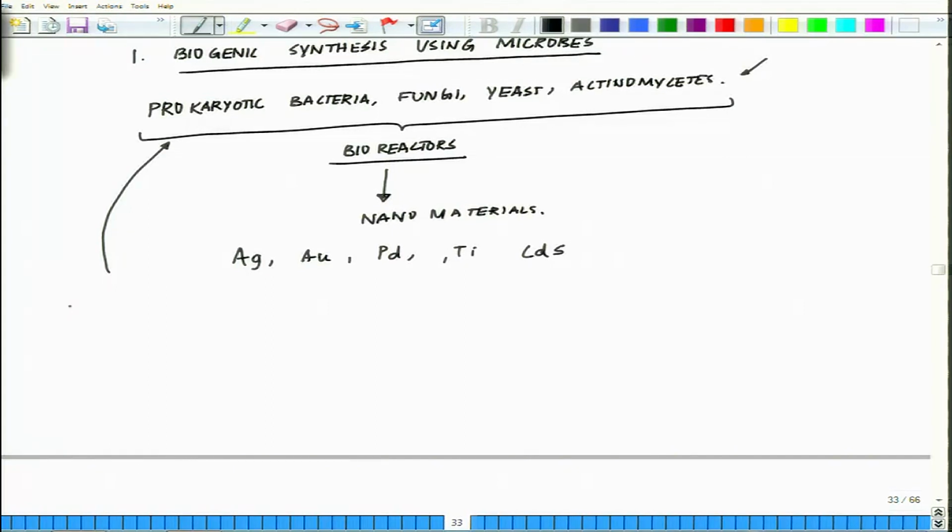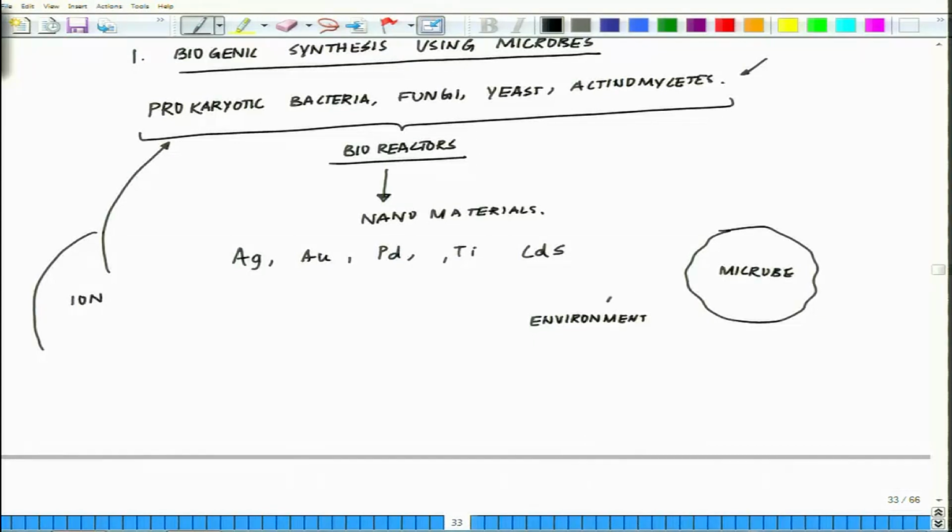So, for example, they are pulling the ions. This is the environment outside, this is the microbe, and this is the surrounding environment. They are pulling the raw material from the environment. It could be X, Y, Z, whatever.